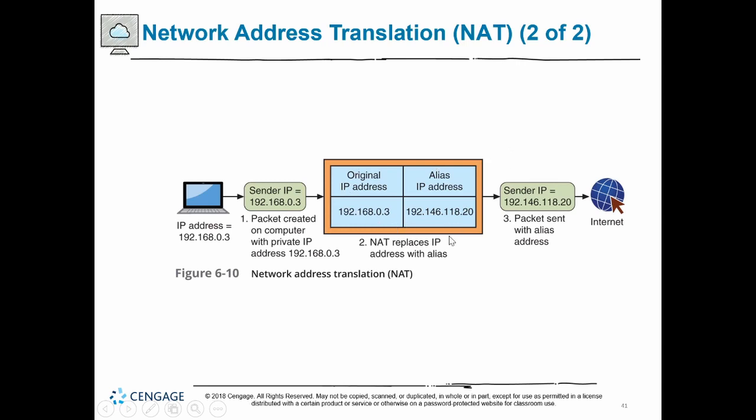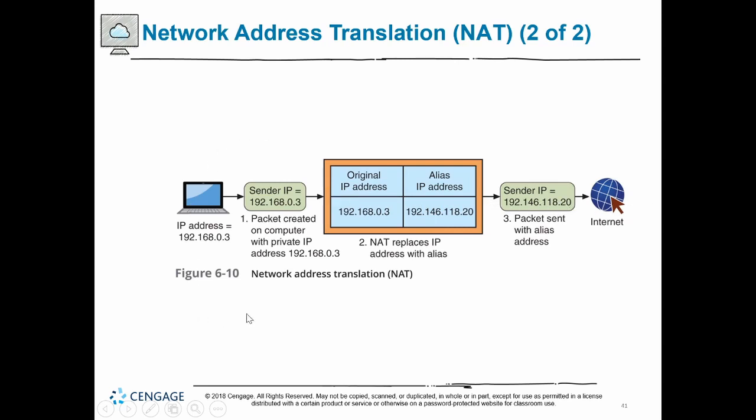If your company's or firewall's public IP address is, say, 192.146.118.20, essentially all your devices within that network will use that one IP address and talk to external resources.